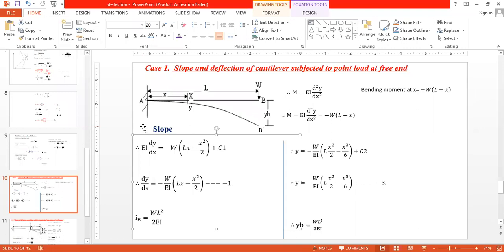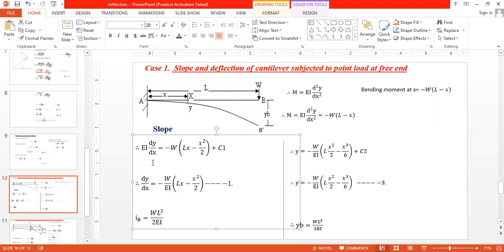Now if you use the fixed support, that means cantilever support, then you will not get any degree of freedom at that support. That means all degrees of freedom are zero at the support.